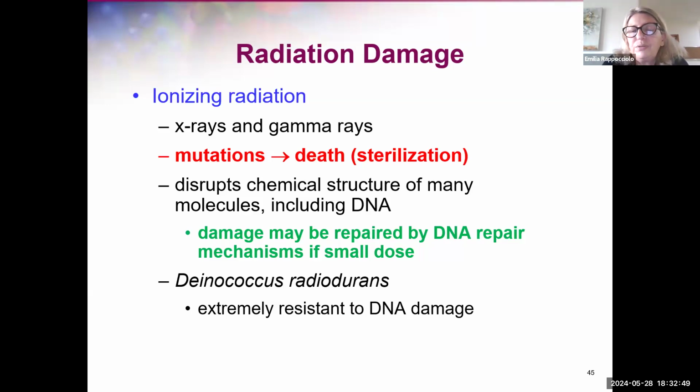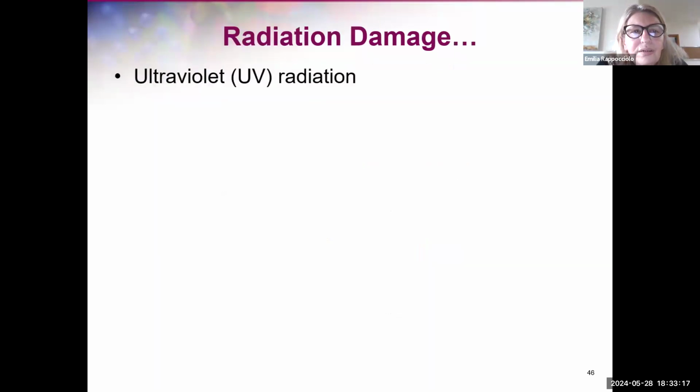This is a very famous bacterium because it can survive a very, very high dose of ionizing radiation that causes DNA damage, and it can keep on fixing and repairing the DNA. And so this is extremely resistant to ionizing radiation.